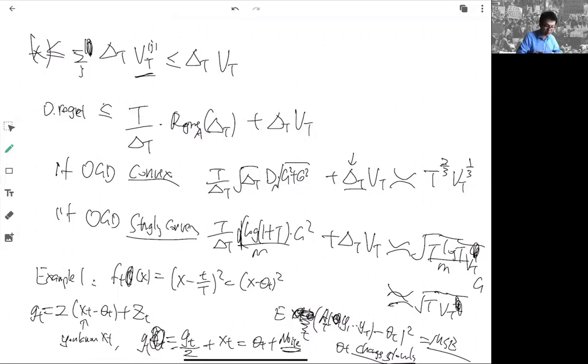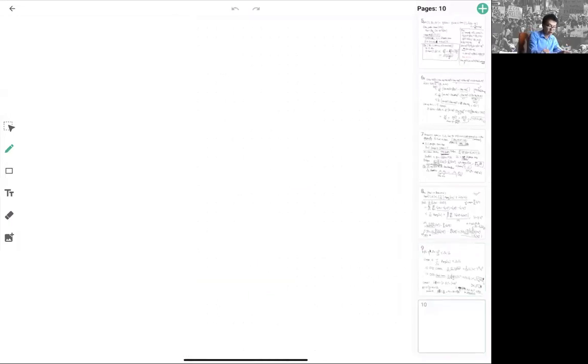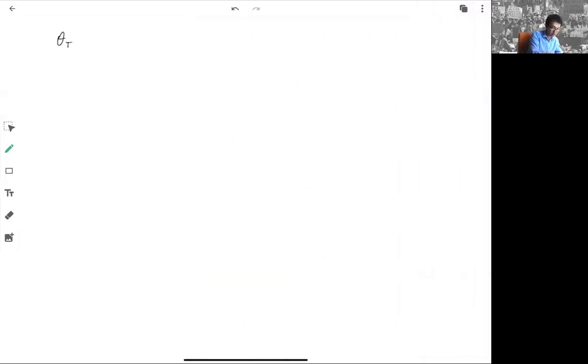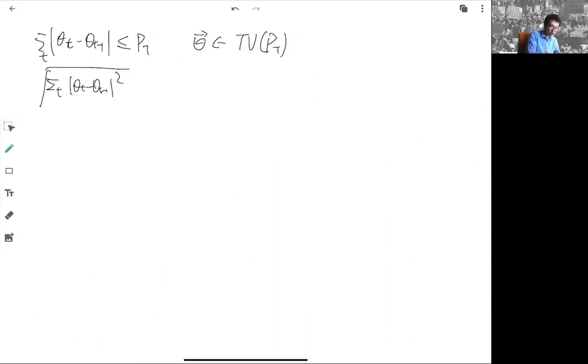In this kind of path length assumption, if we assume that the sum of theta t minus theta t minus 1 is smaller than pt, this is saying that the theta vector is in the total variation ball of pt. If you in addition assume that the sum of the squared differences is smaller than pt, this is saying that the theta vector is in the Sobolev ball of parameter pt.